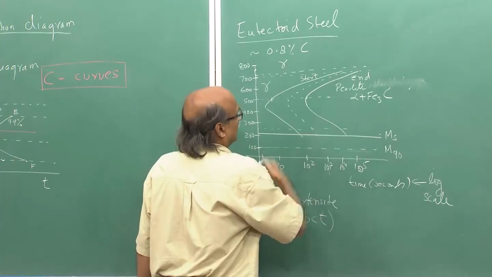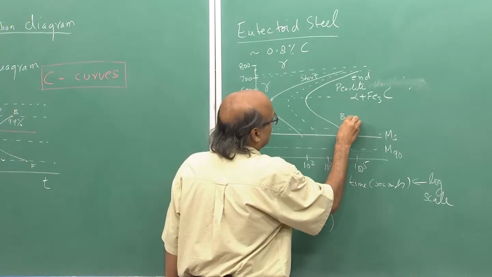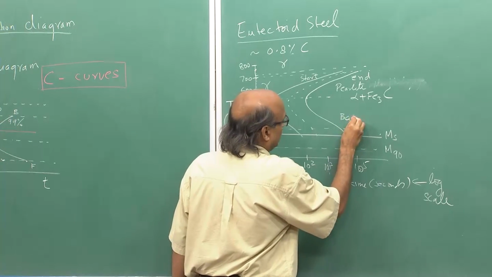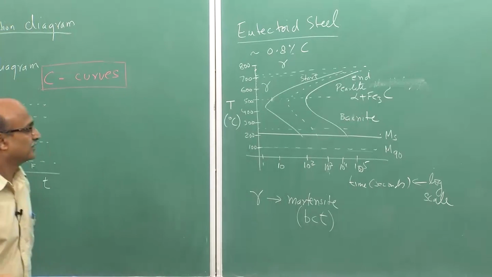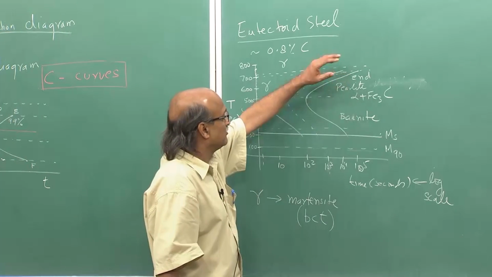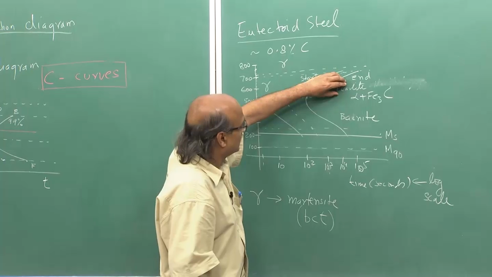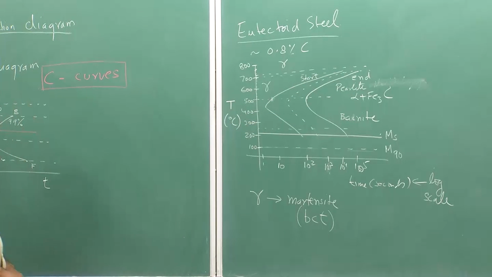The lower part of this particular C curve we get bainitic morphology, or simply called as bainite, which is again consisting of ferrite and cementite. However, the mechanism of transformation of pearlite is different from the mechanism of transformation of bainite. However, we will not be discussing these mechanisms here.